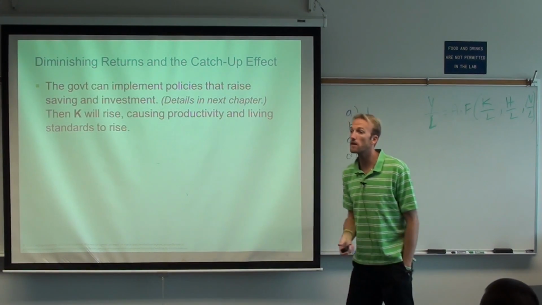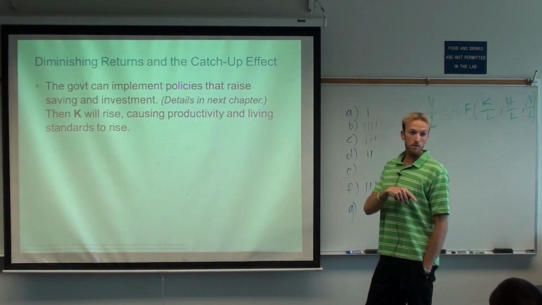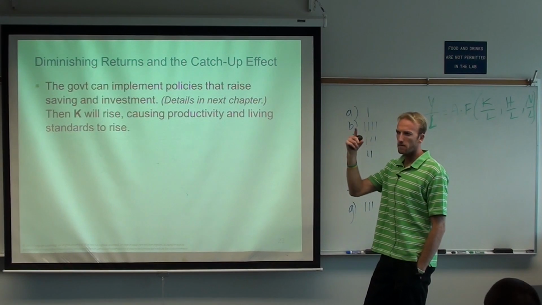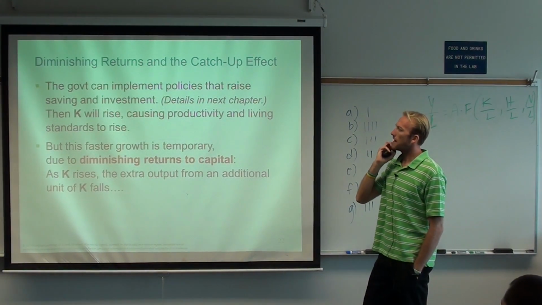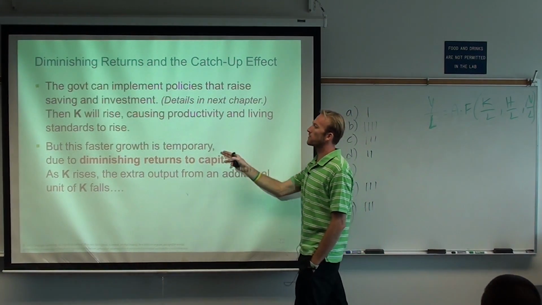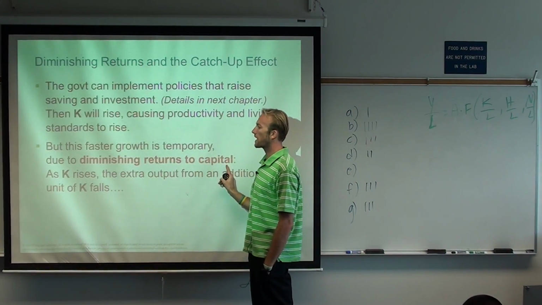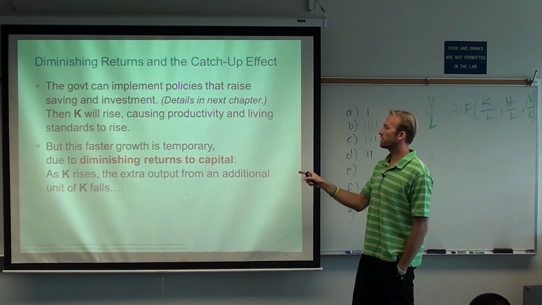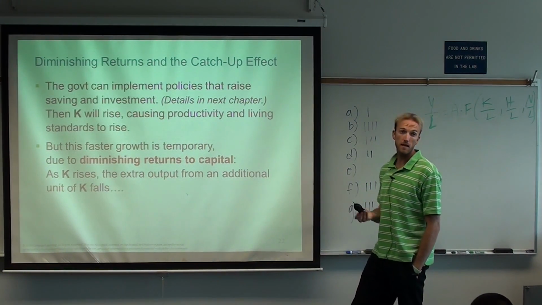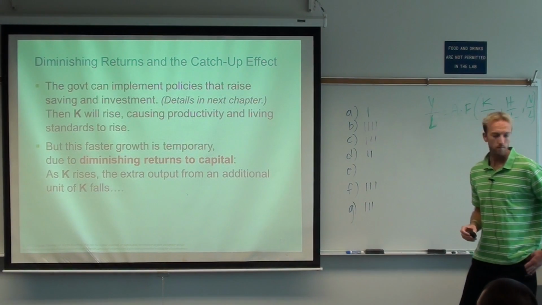So this is a good thing. The question was asked earlier, is this growth able to go forever? And so here's a way to answer this. The faster growth is temporary due to diminishing returns to capital. As K rises, the extra output from an additional unit of K falls. I'll explain that in a second here.